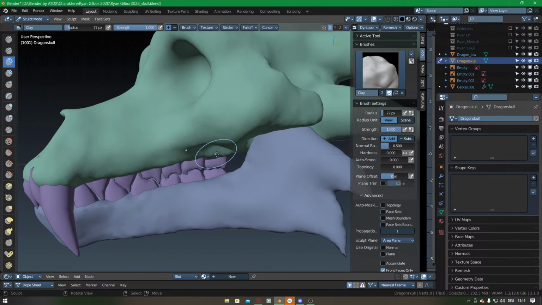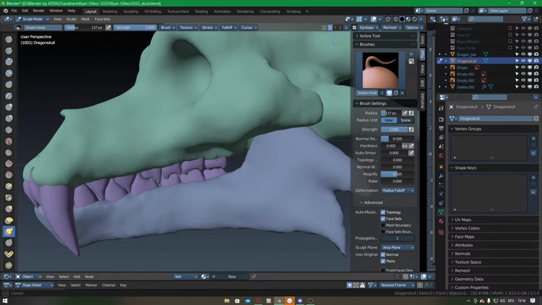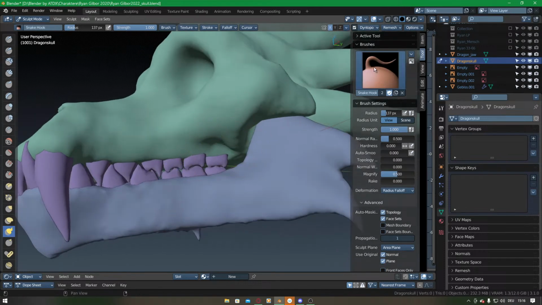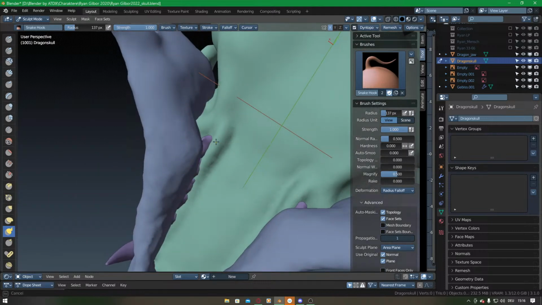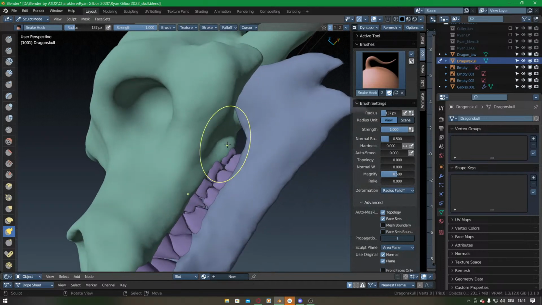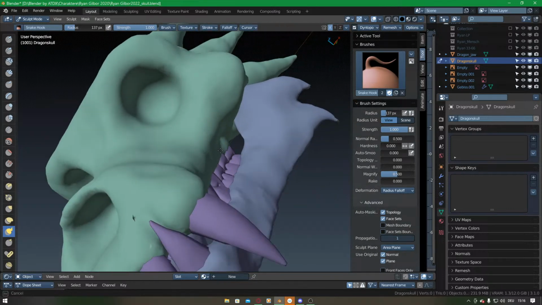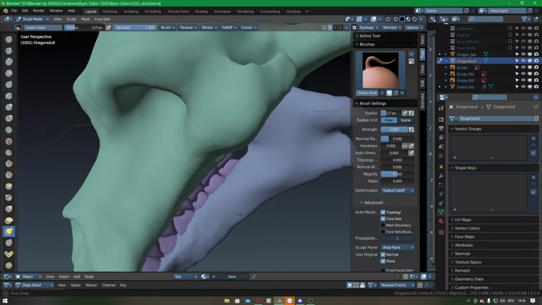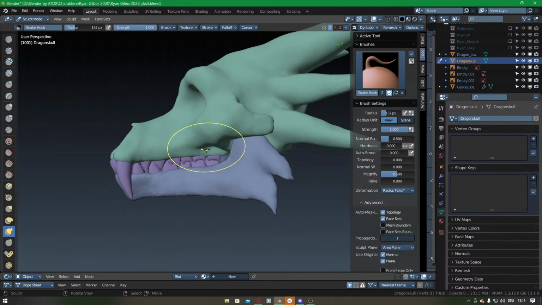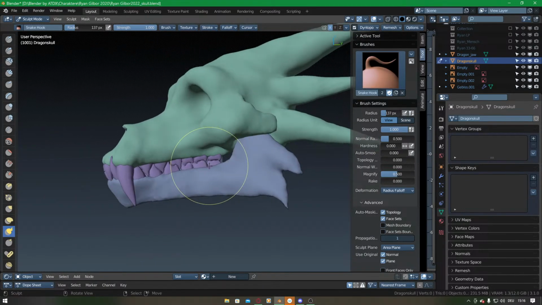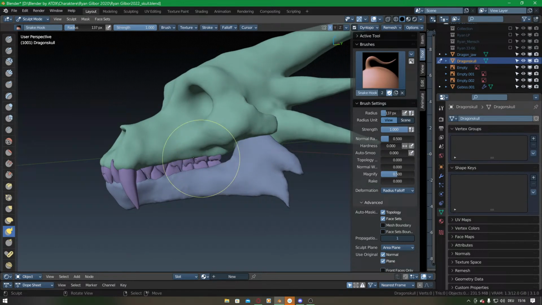Sheesh. The most important parts of that skull are the form of the jaw and the horns.